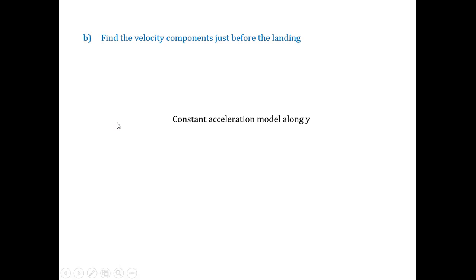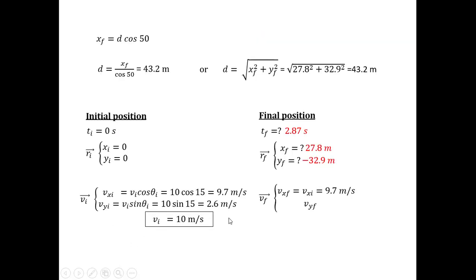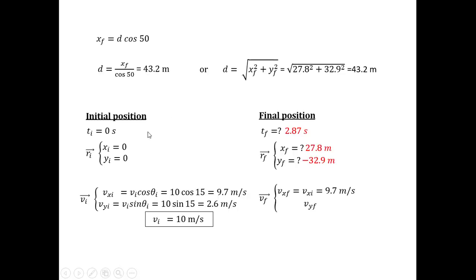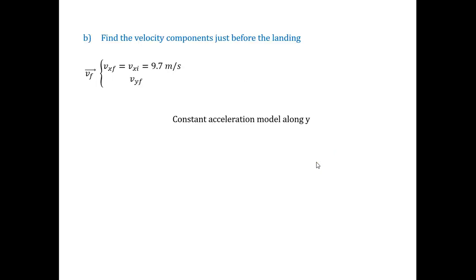VYI is 2.6, I put its value. AY is equal to minus 9.8, times T, which is 2.87. See how important it is to update the final position, so I can use things I didn't know and now know. Okay, and we obtain VYF. It's minus 25.5 meters per second.